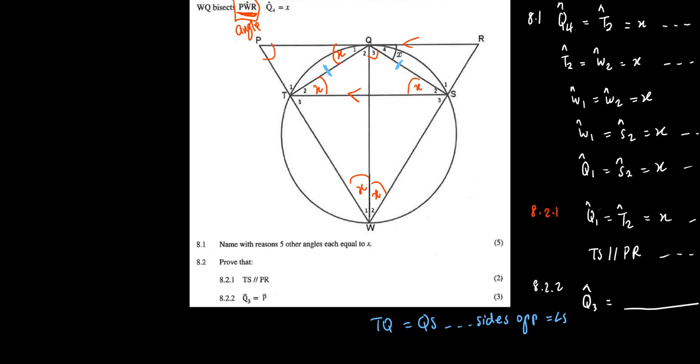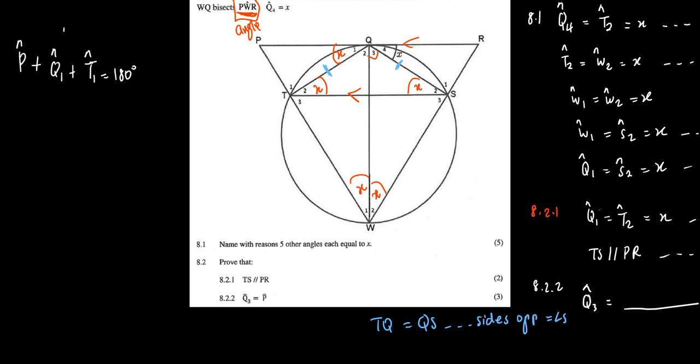So, if we can get the P, then Q3 will be fine. Now I want you to see something. Let's check angle P. If you say angle P plus angle Q1 plus angle T1, what do you get? 180.